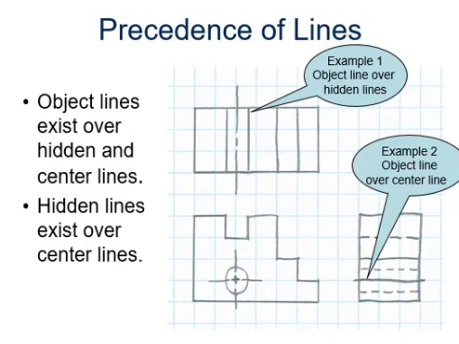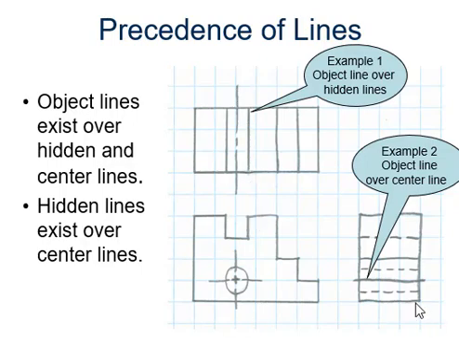In example 2, an object line takes precedence over the center line. So see how the center line, this one right here, would be right here in the same line as this object line right here, this corner of the two edges converging, so we don't see that center line. It's best represented in my top view.